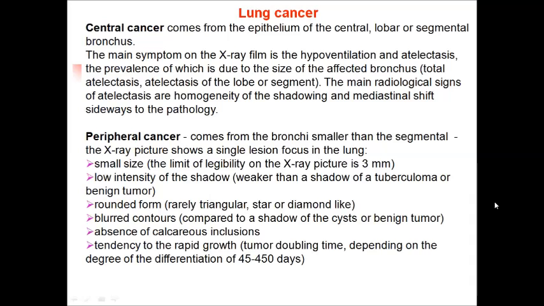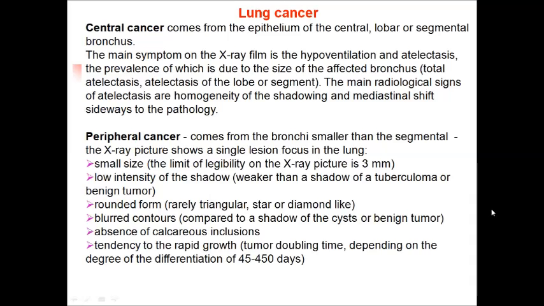The main symptom on the X-ray film is hypoventilation and atelectasis, the prevalence of which is due to the size of the affected bronchus. It may be total atelectasis, atelectasis of the lobe or segment.